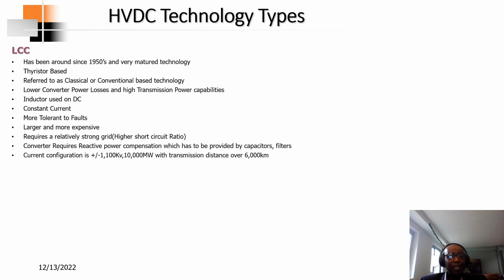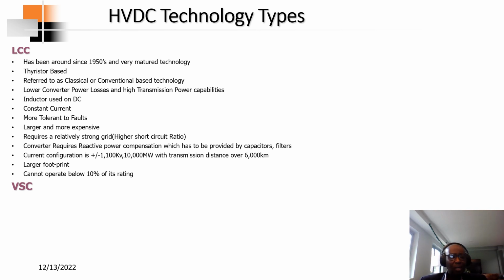I think I made mention of the ultra high voltage HVDC configuration that is located in China. It has a larger footprint. For current source converters, line commutated converters, there's a limitation: below 10% of the rating, it cannot operate.